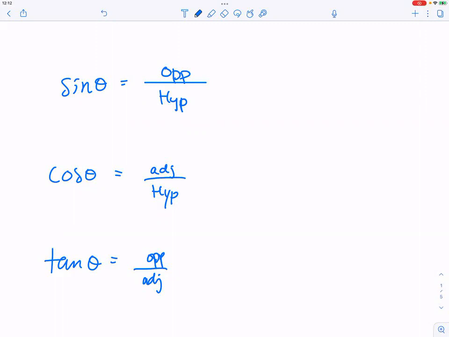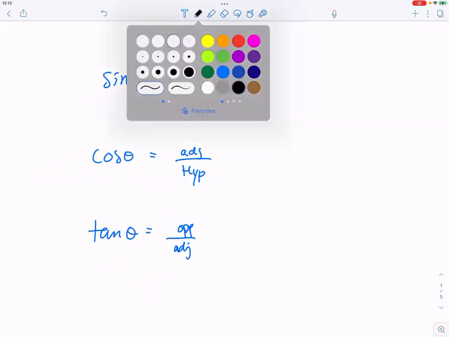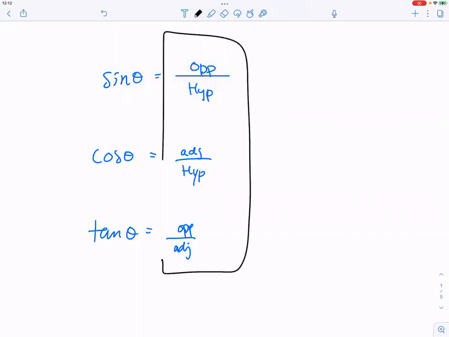Now, I hope everyone can remember these ratios very well. Now, I want to make sure that you acknowledge that all these are ratios of sides. They're ratios. Okay, and that's what sine, cosine, tangent are for.